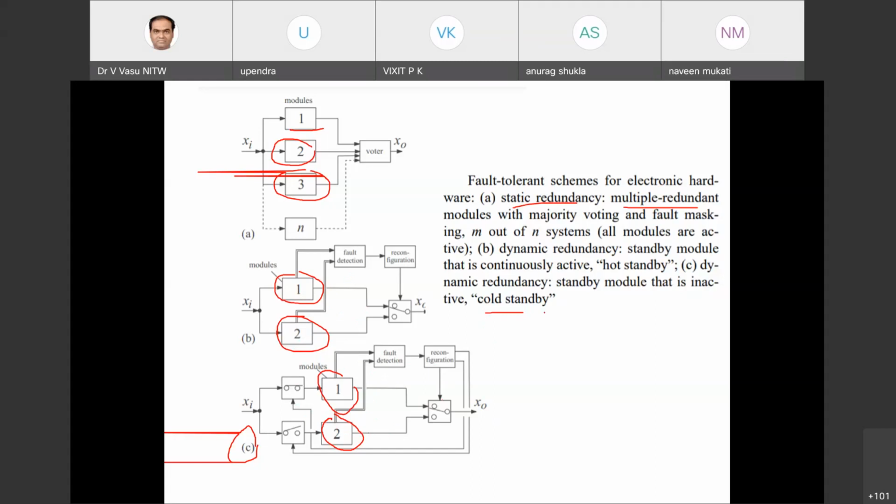That is called the cold standby. The other is called the hot standby.